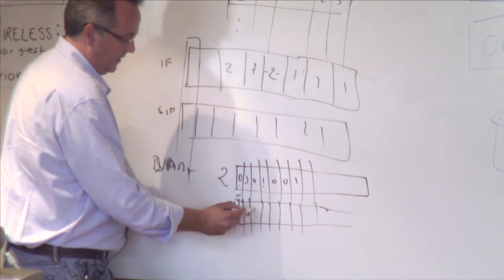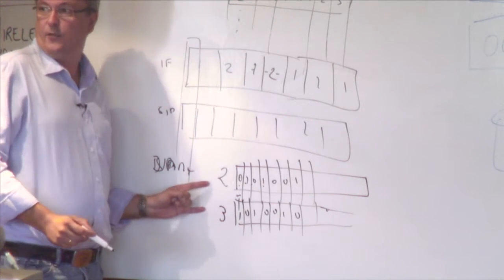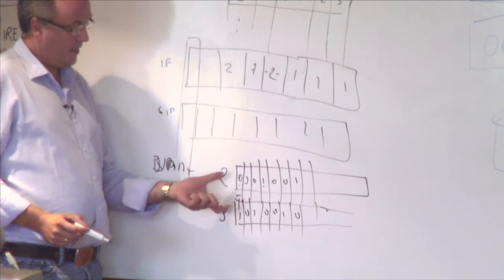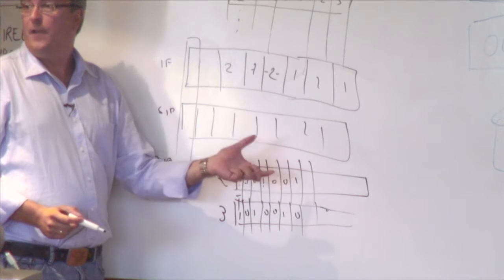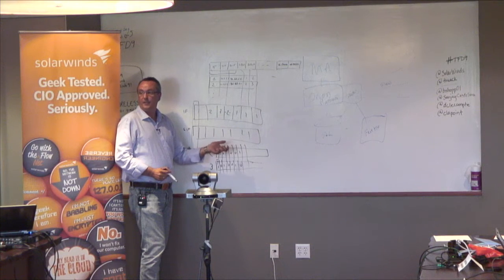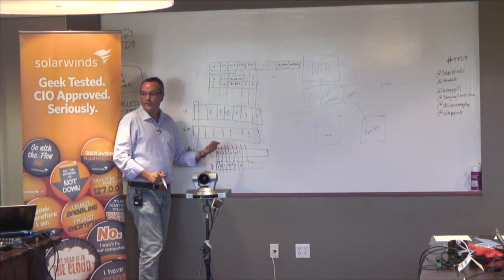If I'm trying to get all the records that contain 2 and 3, well, guess what? It's an AND of those 2 strings. And that's very efficient. If there's one thing that computers are geared to do, it's a lot of bit operations very fast. And so that's why it gives us the type of speed that we need to do a lot of the queries.